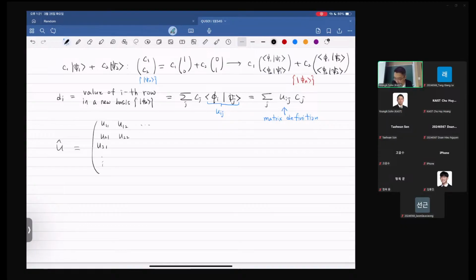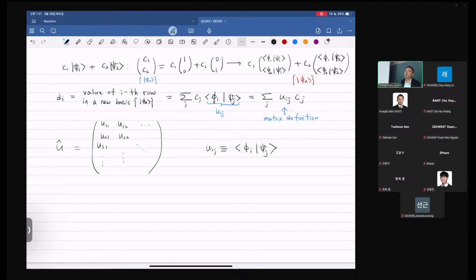So that's U, right? Uij is defined as phi I psi j. So you can calculate Uij, and then let's define that U matrix like that. Then we're done.